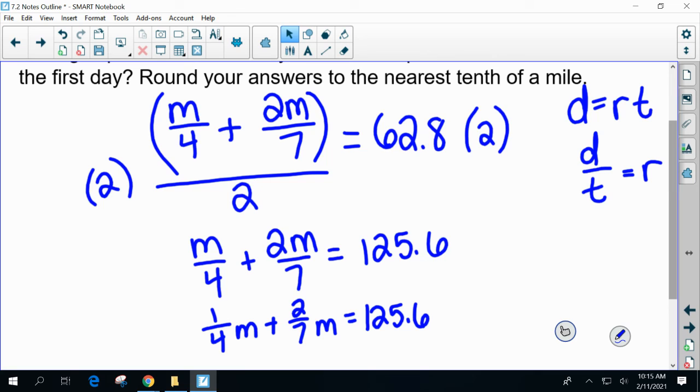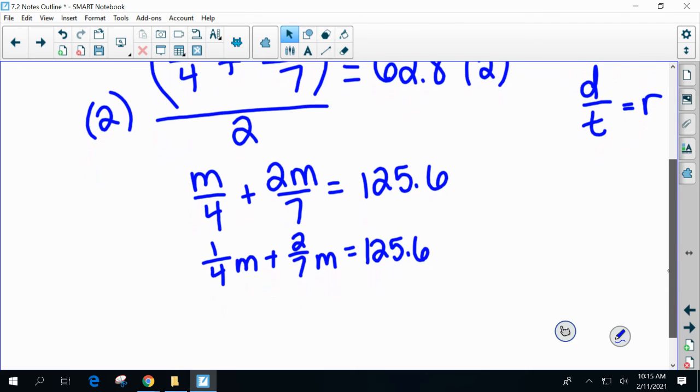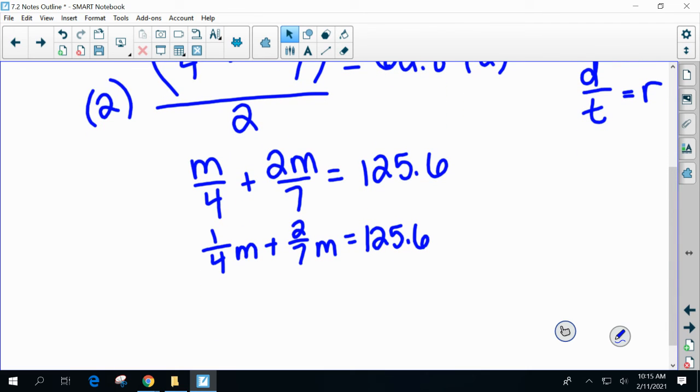So I just need to add 1/4 plus 2/7. Anybody get it? 1/4 plus 2/7? You can use your calculator. 15/28. So 15 over 28 M equals 125.6.